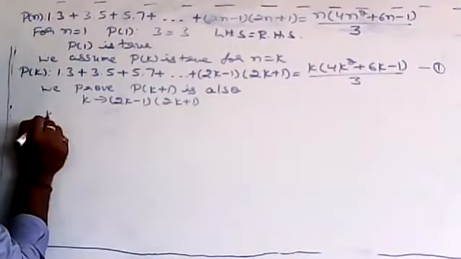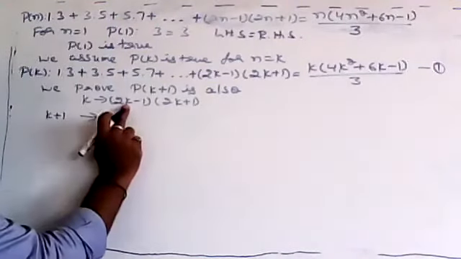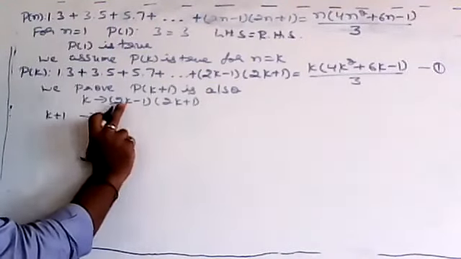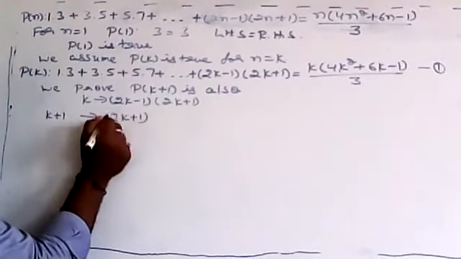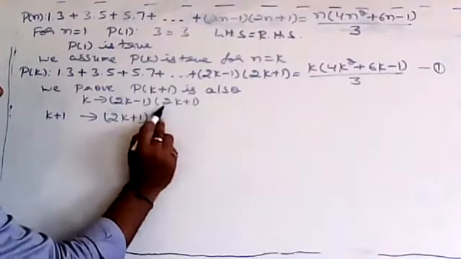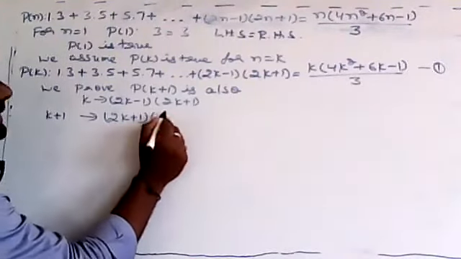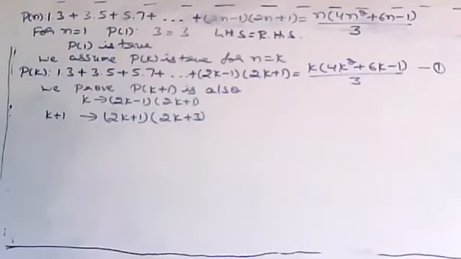Can anyone tell me what the k plus 1th term is? If you replace k by k plus 1, 2k plus 2 minus 1 is 2k plus 1, into 2k plus 2 plus 1, that is 2k plus 3. Right answer: 2k plus 1 into 2k plus 3.